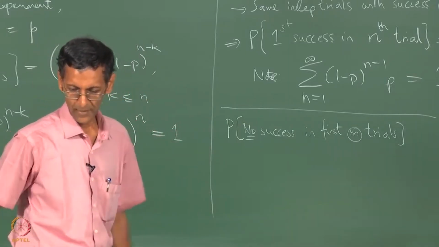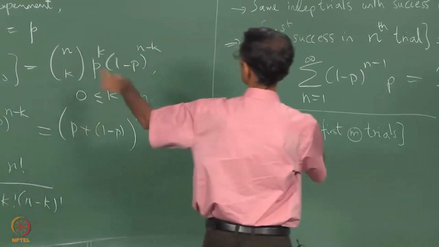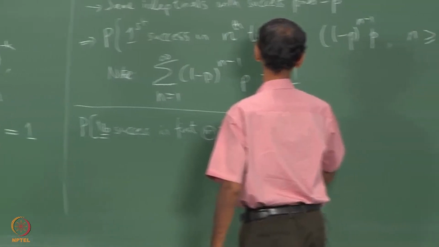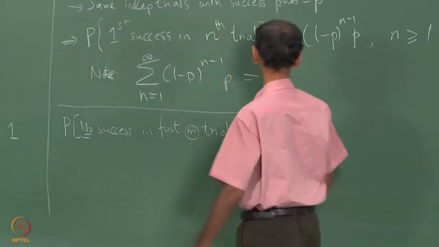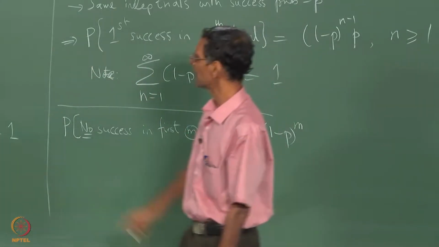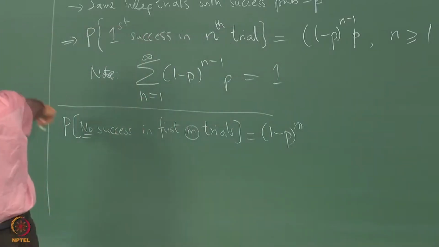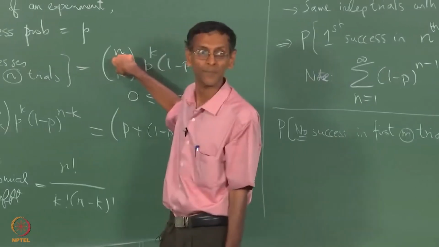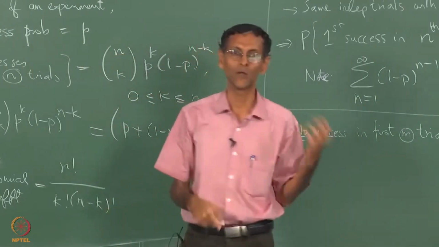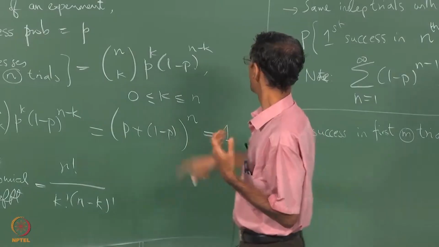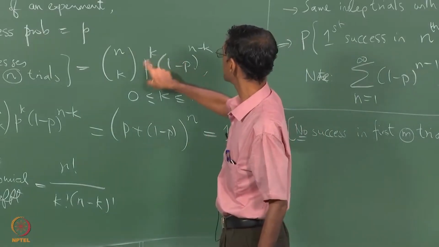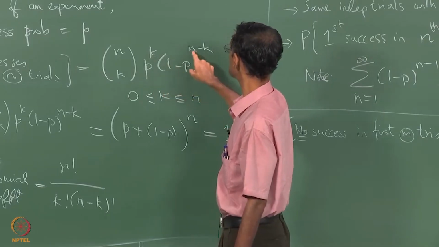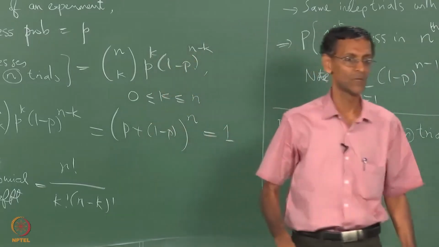Now, how is it obtainable from both models? They have to give the same answer, otherwise the two models will not be consistent. So how did we get this from here? Here, of course, this is got by putting k equal to 0 and n equal to m. m choose 0 is 1 always, and if you put k equal to 0, this will drop out and you will get (1 minus p) whole power m from here.